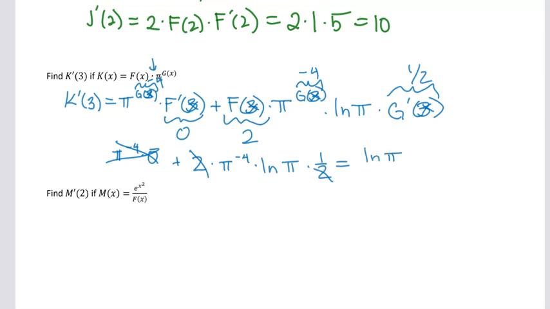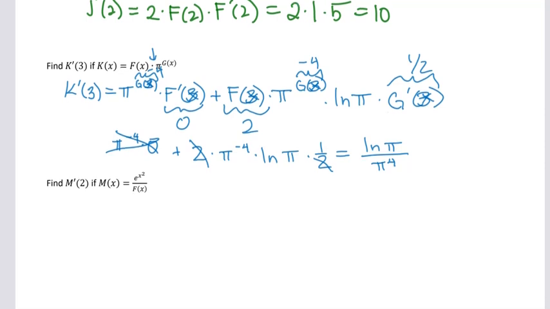I have the natural log of pi, and then the pi to the -4 becomes 1 over pi to the 4. So I'm just going to put that as a single fraction: ln of pi over pi to the 4. So that one's a little messy, but again, it's just a matter of recognizing that you need a product rule and a chain rule on that one, and then lots of finding information from the table.